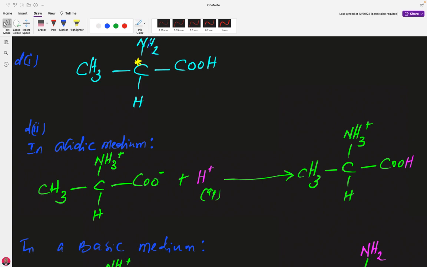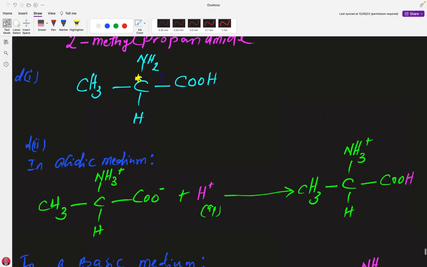Because of the lone pair of electrons here, and it is acting as a base, it will accept a proton to become this structure here, NH3.